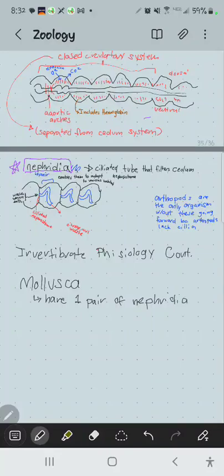Let's go ahead and draw a snail or something as an example of a mollusk here. So, Mollusca. I'll draw a little snail here, kind of the idea.